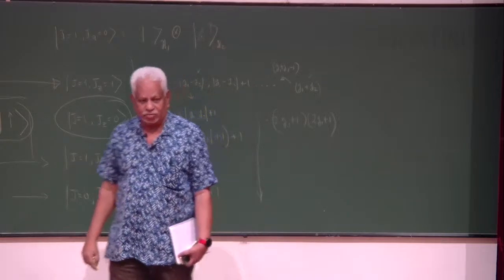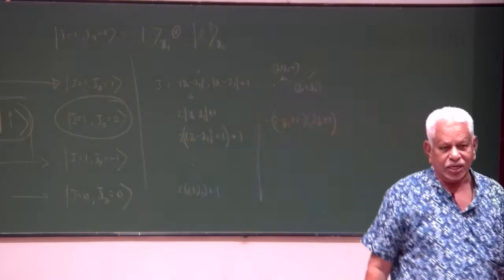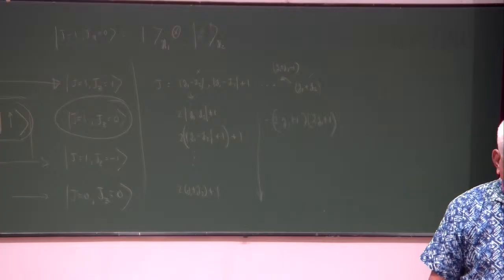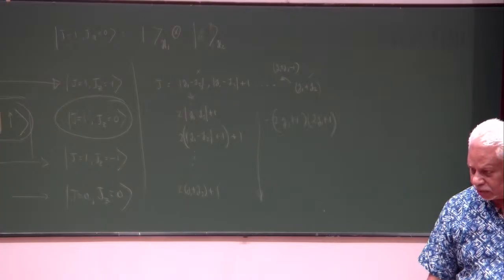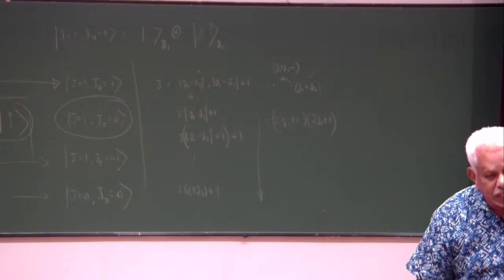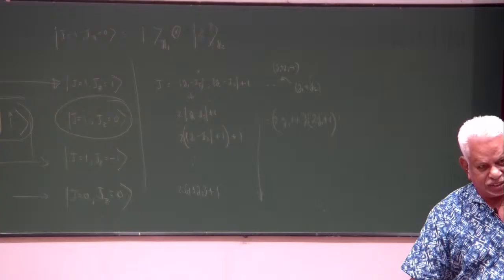You can never write it that way. It has to be a combination. Okay, it has to be a combination. That is actually the definition of what is called entanglement. We call it a bipartite system, because there are two Hilbert spaces.